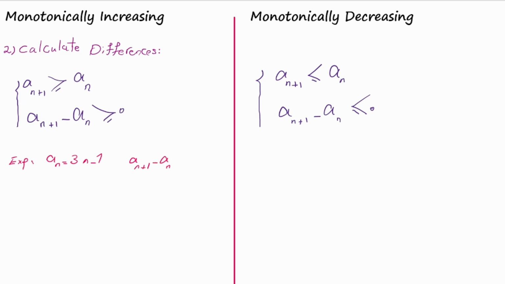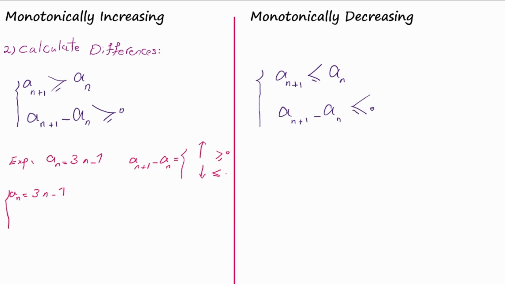If this expression is greater than or equal to 0, we have an increasing sequence. On the other hand, if it is less than or equal to 0, we have a decreasing sequence. So let's compute the terms. We have that a sub n is equal to 3n minus 1.